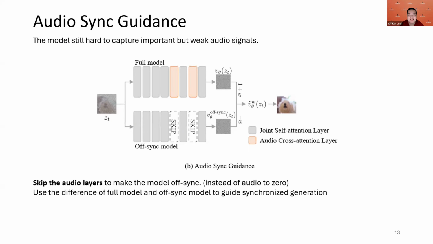Is that correct? I think what you are presenting here, it seems that you literally skip, so it is somehow replacing it with the identity layer, that it will do nothing on it, so it will not consider the audio. Is that similar to your implementation?